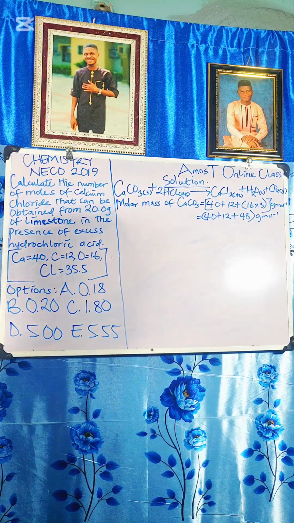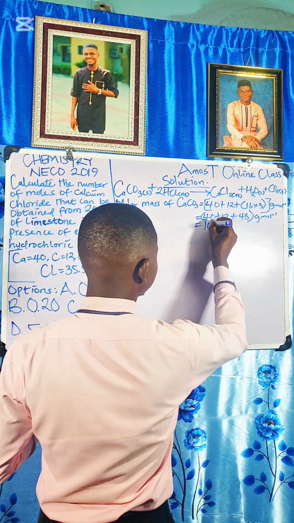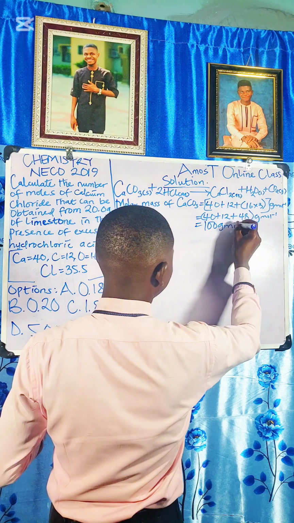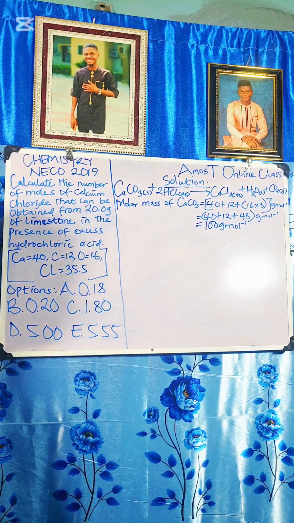So 40 plus 12, that's 52, plus 48, that's 100. So the molar mass of limestone is 100 gram per mole.